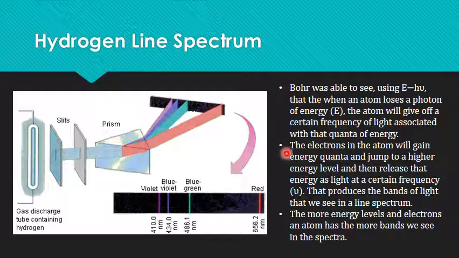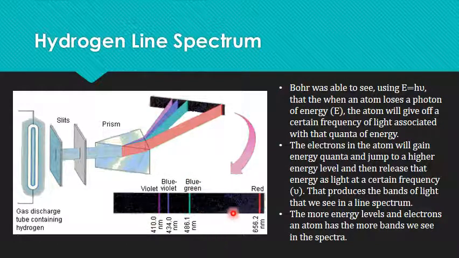So the electron, the atom, will gain energy. For instance, the electrons in the hydrogen atoms in our tube here gained energy through electricity, and can jump to a higher energy level. And then when they fall back down or release that energy, that's when that energy is released as light. So the energy is released and it comes off in wavelengths of light for specific frequencies or specific colors.